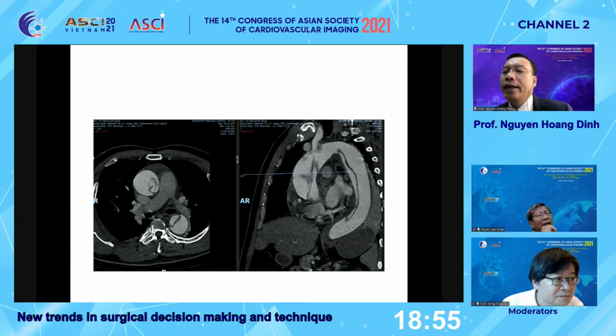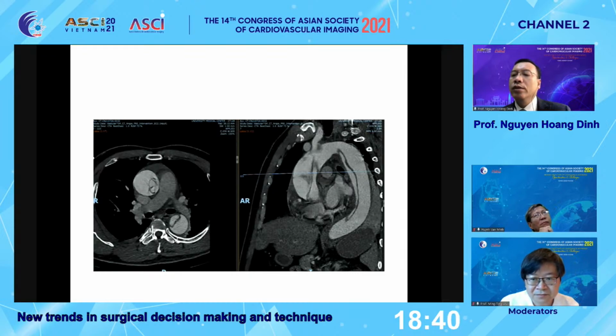A CT scan showed typical aspects of acute aortic dissection, Stanford type A or DeBakey type 1. The primary tear was seen at the ascending aorta, and the true lumen was severely compressed, and no dissection into the aortic vessels was seen.